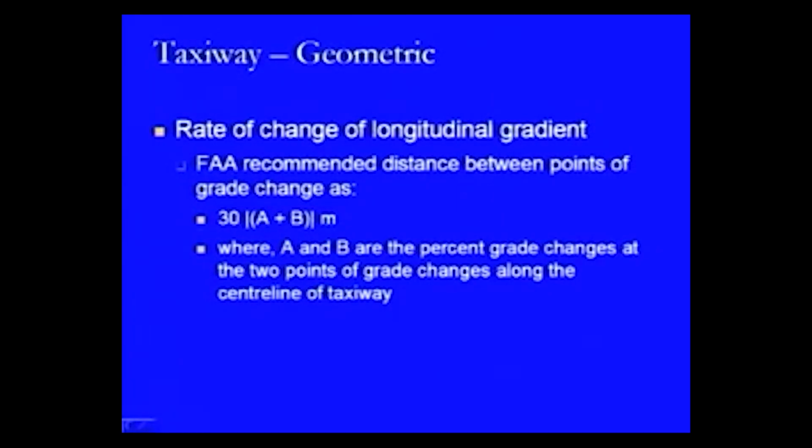This is what we have seen when we saw a diagram of the change of grade from x to y to z, that is plus x to minus y to plus z, and then there was a change in the gradient from x to y designated by A, and then a change in gradient from y to z designated by B. And for the taxiways, the FAA defines that this value can be 30 times of A plus B, and this A plus B is taken in the absolute form where the effect of the positive or the negative value is taken away.